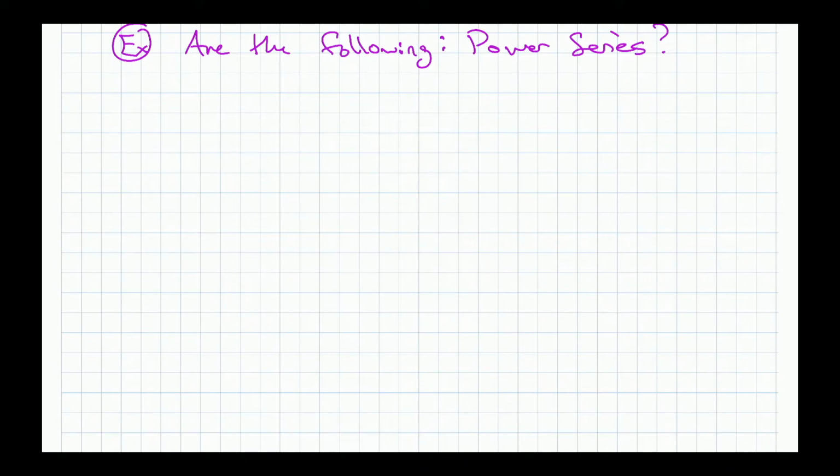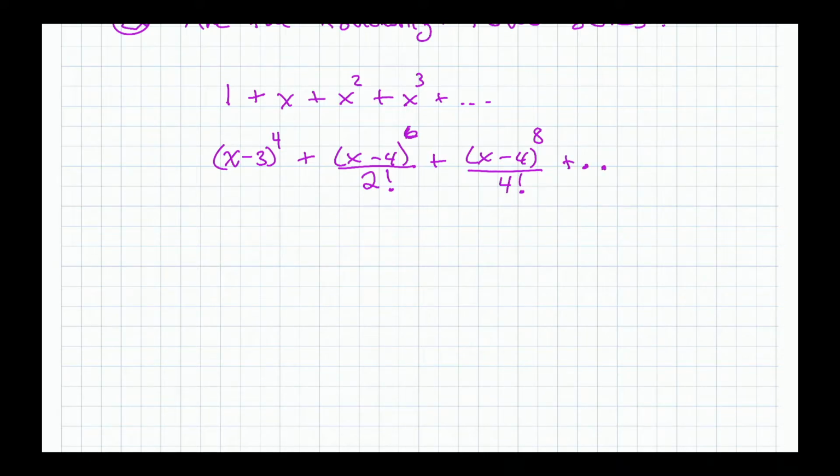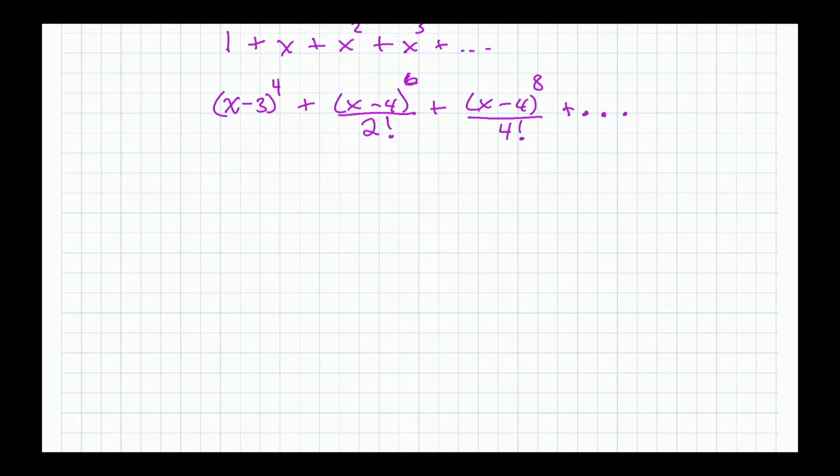So let's say I go 1 plus x squared plus x cubed plus ... And I'm just going to write a few, so I'm not going to answer them yet. So I'm going to add some factorials to this one. I'm starting at a different number. Is that going to make a difference? I don't know. We'll talk about it.